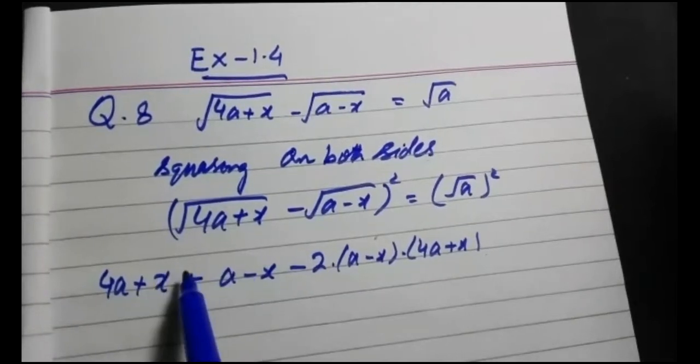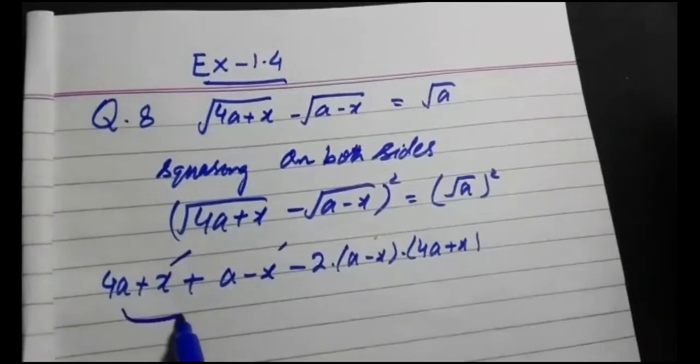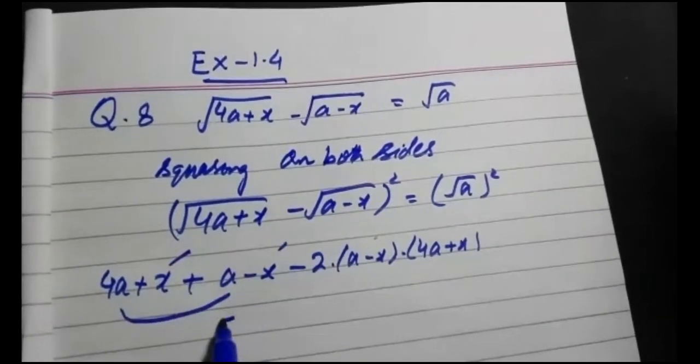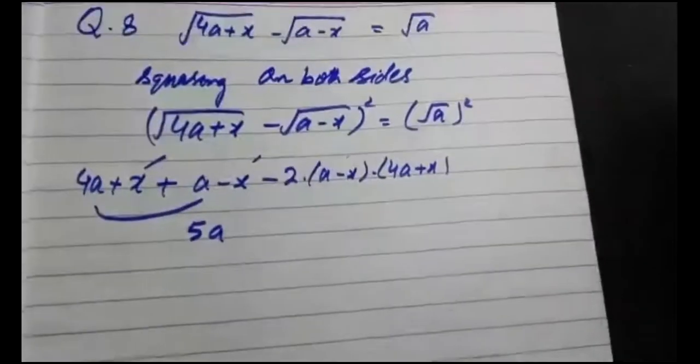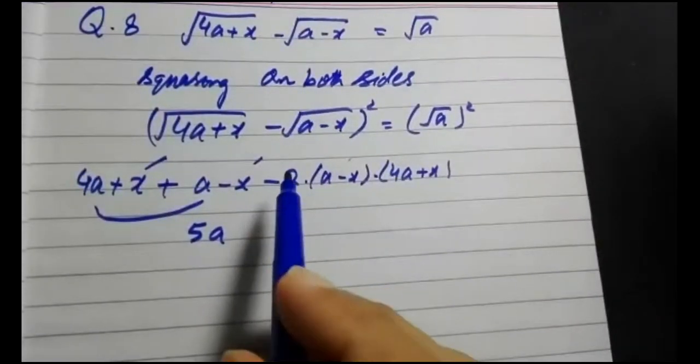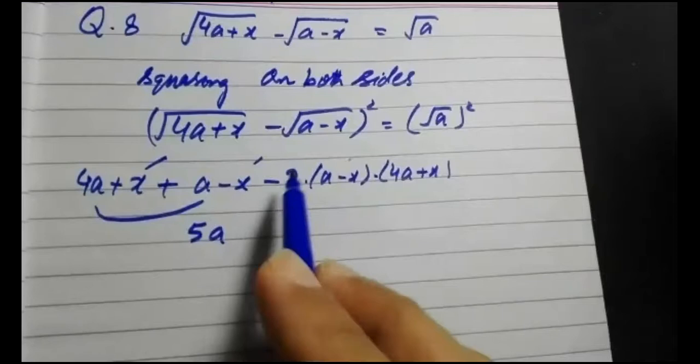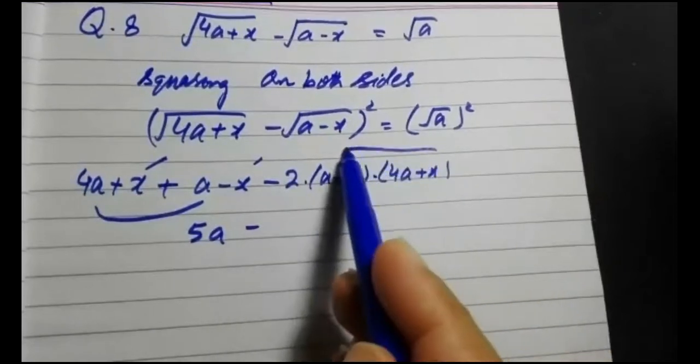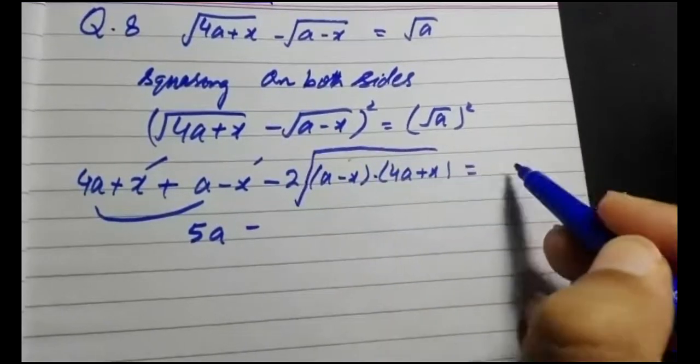Simplifying the similar terms, x will be cancelled, and 4a and a will become 5a. So 5a minus 2 times, all these things will be within the root sign, equals a.